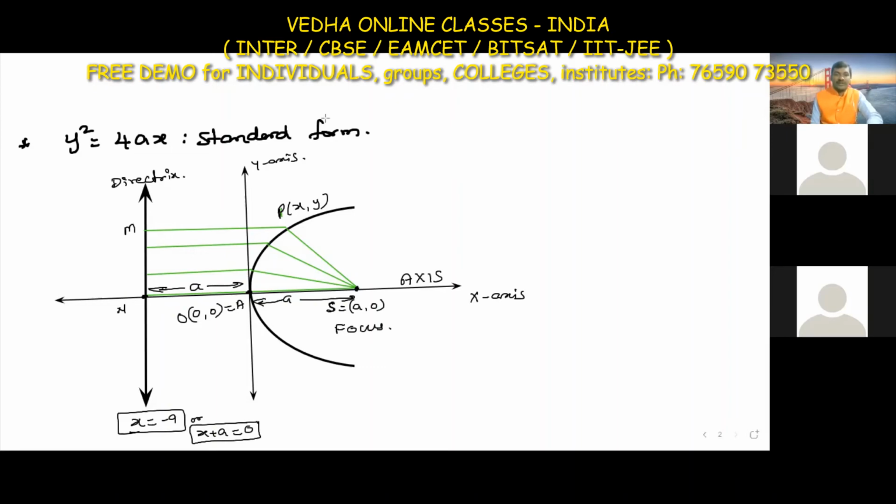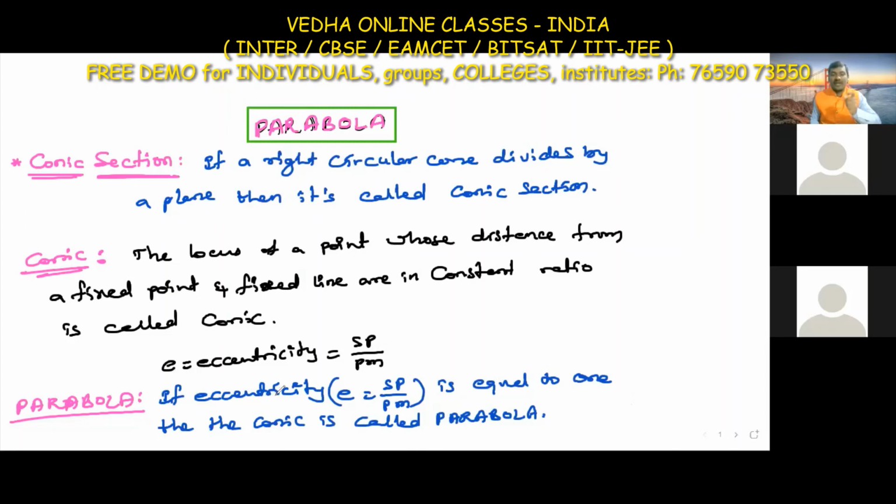Already we discussed the parabola. For a parabola, the eccentricity e is equal to the ratio SP by PM, which is equal to 1.